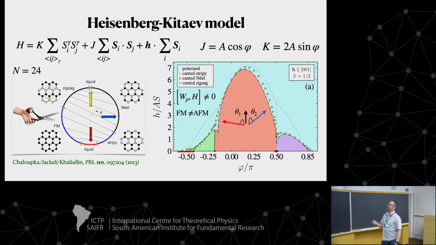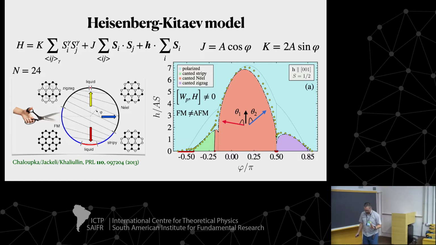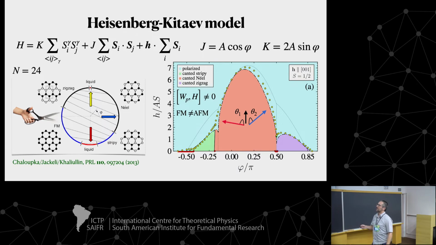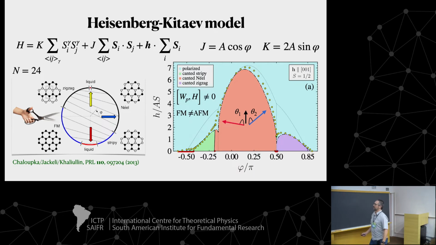But if you increase J, then you have ordered phases, four different ordered phases, and in particular the zigzag phase, which is the experimental ground state of this model. Okay, but the point I want to make here is that the liquid phases indeed are stable. So in principle, they survive a finite J. So this is interesting. And this was known already.